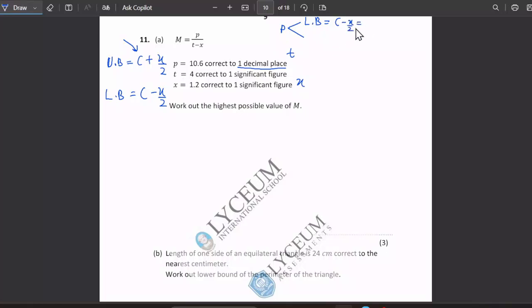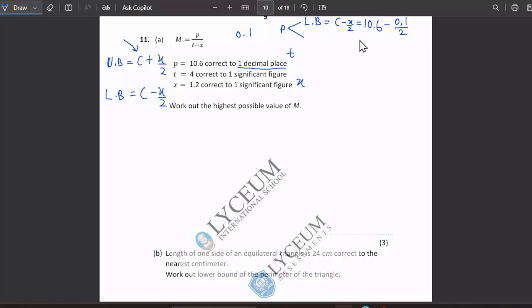So c value is 10.6. Here they say 10.6 is correct to one decimal place. Okay, so always put 1 in the place they are saying. So one decimal place means 0.1. So this x value is this 0.1 and it should be divided by 2.